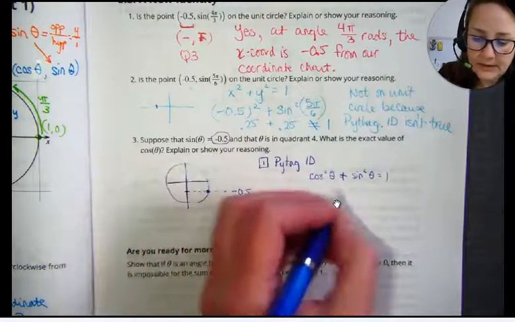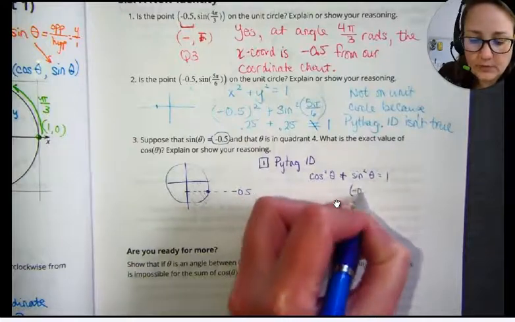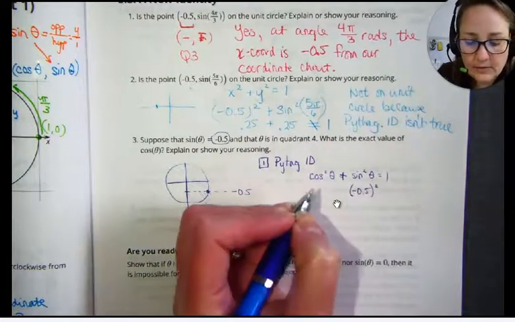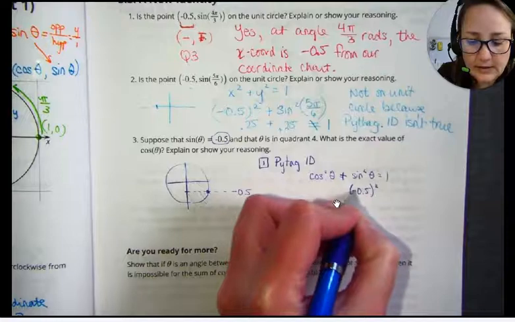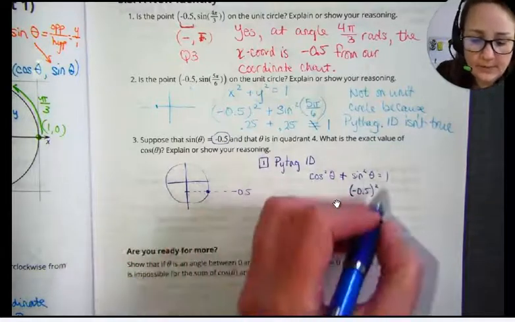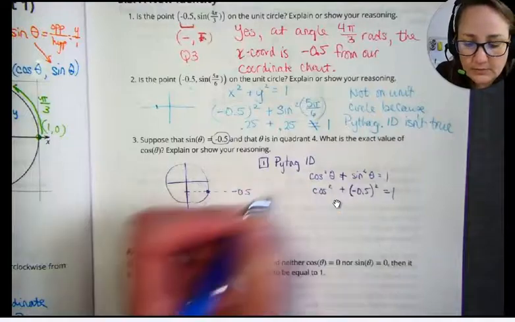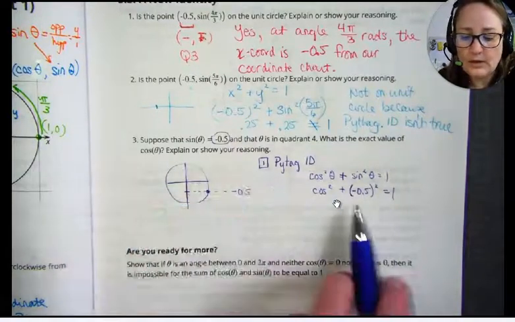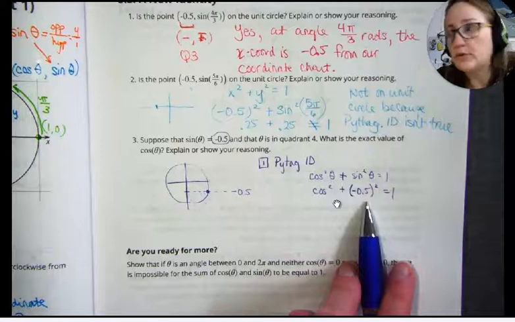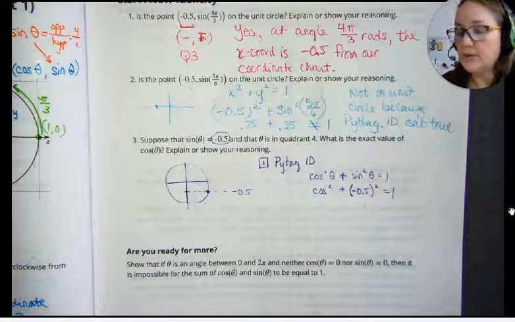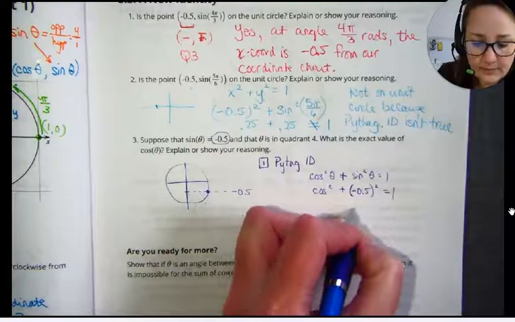We know that sine is negative 0.5. We need to square that sine value, and we need to find out what our cosine squared would be. Negative times negative is a positive. 0.5 times 0.5 is 0.25. That's half of half.